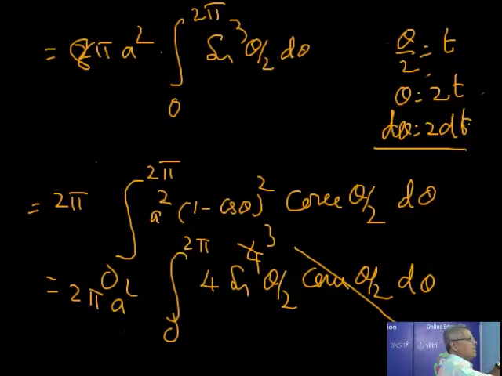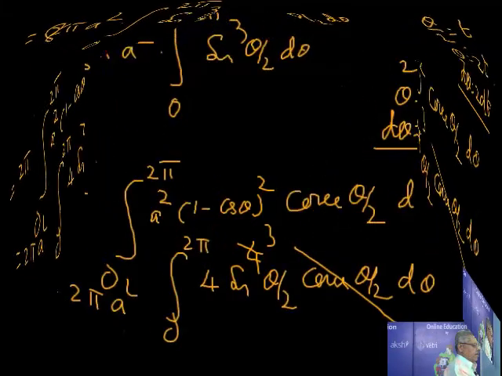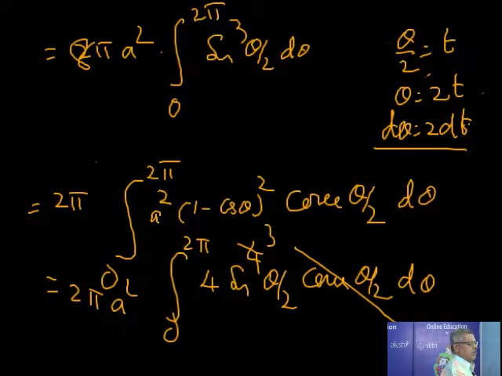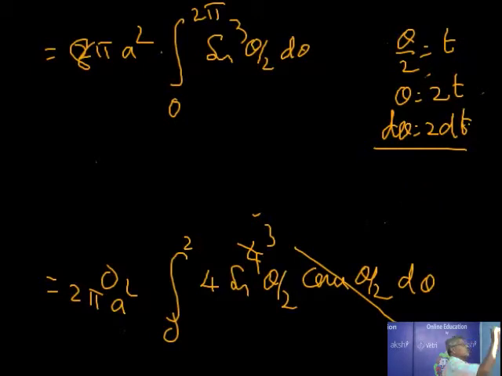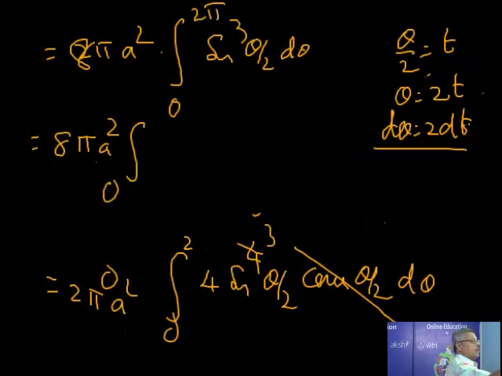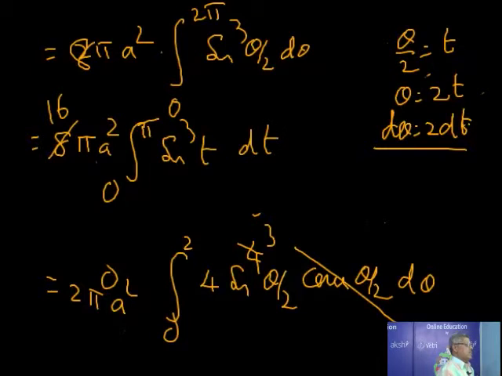When theta is 0, t is 0. When theta is 2 pi, t becomes pi. I am making use of the substitution, reducing to the simplest form so that we can easily apply the reduction formula finally and get the answer. So we have 8 pi a square, 0 to pi sin cubed t, d theta is 2 dt, you get 16 pi a square.